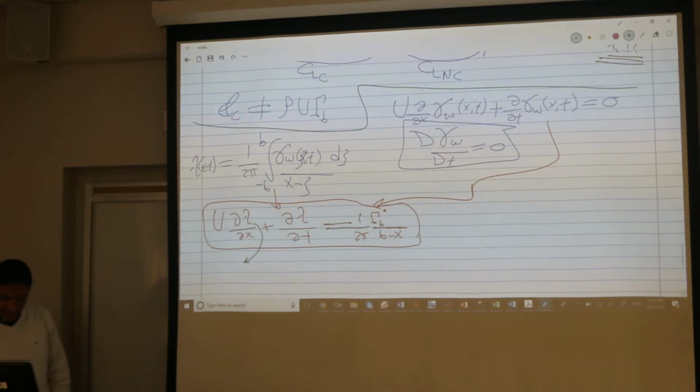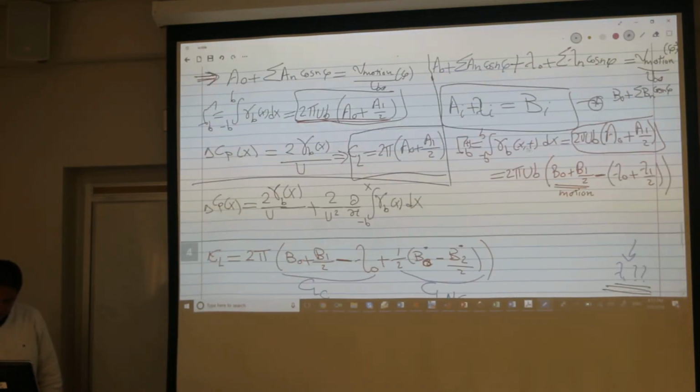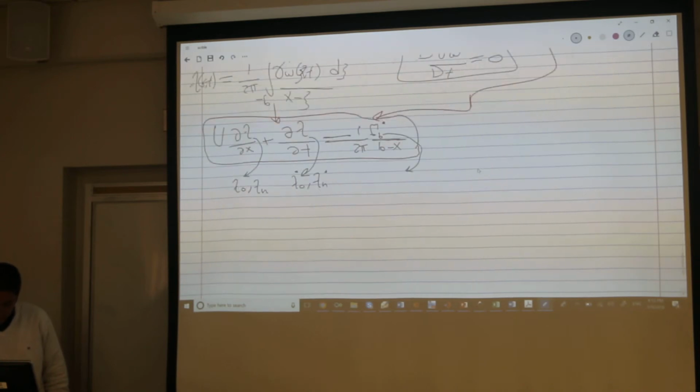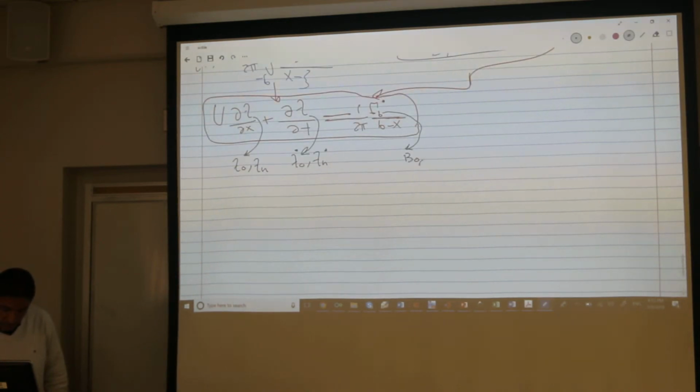Here these are lambdas, so this is the lambda coefficient, lambda 0 and lambda n. And here with partial t, I have lambda 0 dot, lambda n dot. And here this is gamma b. So the dot has these four coefficient dots only: b0, b1, lambda 0, lambda 1 dot.